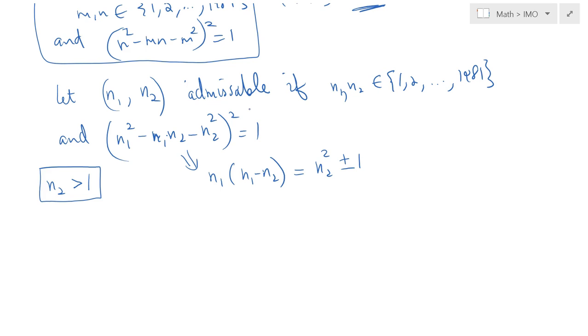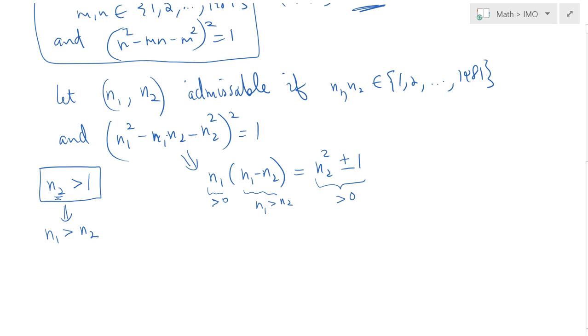Obviously the right hand side is strictly greater than 0 because n2 is strictly greater than 1. So regardless of the sign here, we have something larger than 0. n1 is obviously greater than 0, so it must be the case that n1 minus n2 is strictly greater than 0, so n1 is definitely greater than n2.